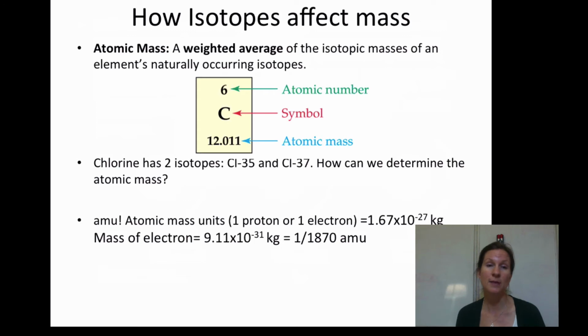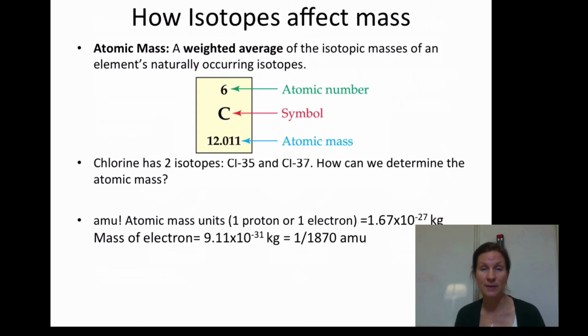So for example, for chlorine, if I had isotope 35 and isotope 37, a regular average for those two isotopes would be 36. But if you look at your periodic table, you'll see that the actual atomic mass of chlorine is much closer to 35. And that's because chlorine 35 is more abundant. So we give it more weight.